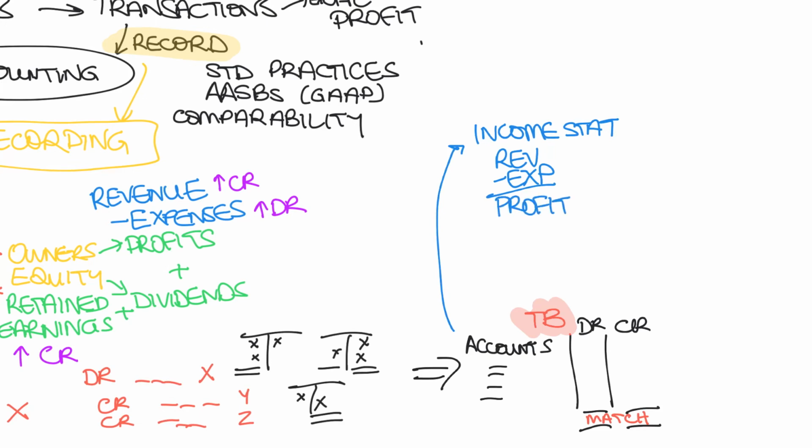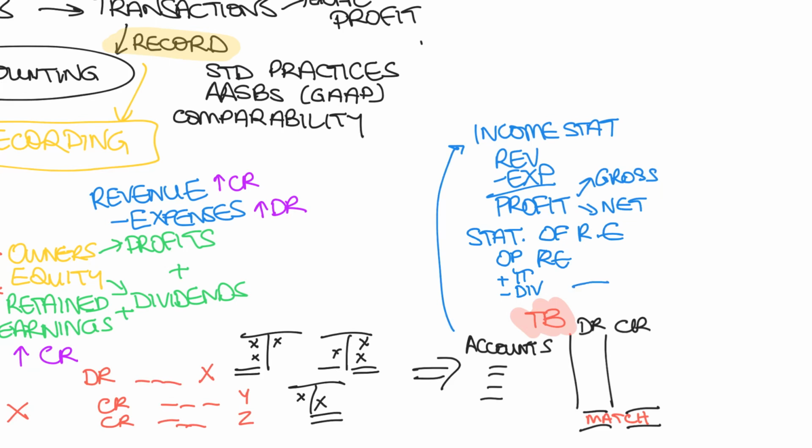Obviously, you've got gross profit and net. And you've got, as a separate statement, your statement of retained earnings, which is your opening retained earnings, plus the profit, that's the pie, less my dividends, gives closing retained earnings.